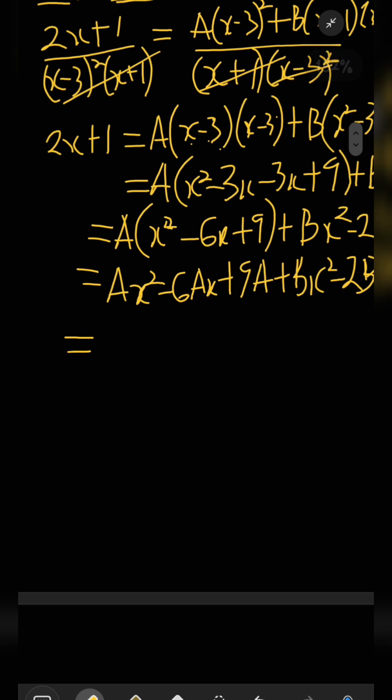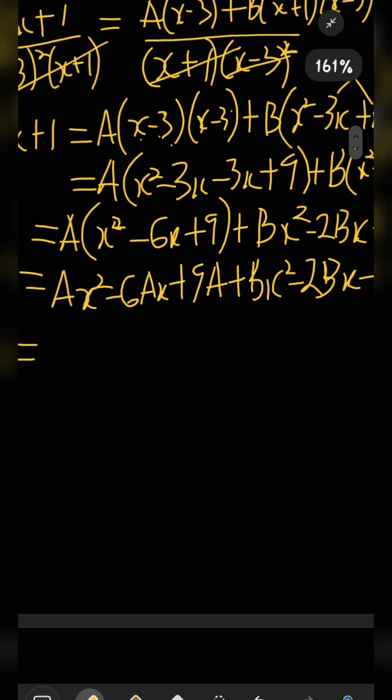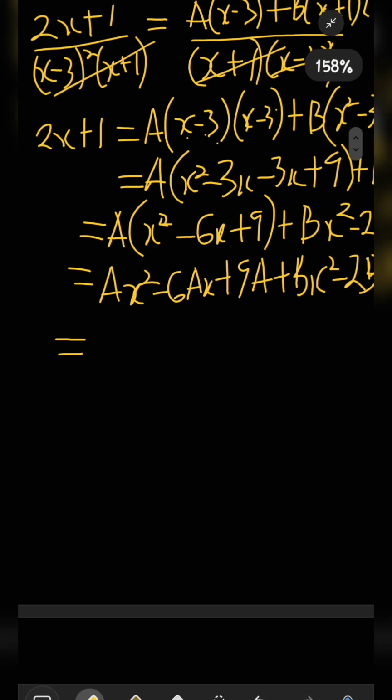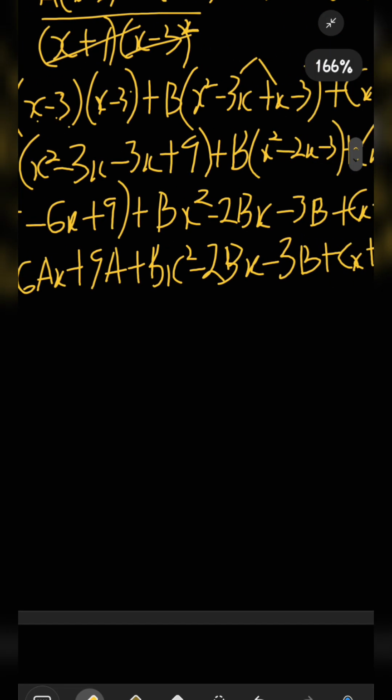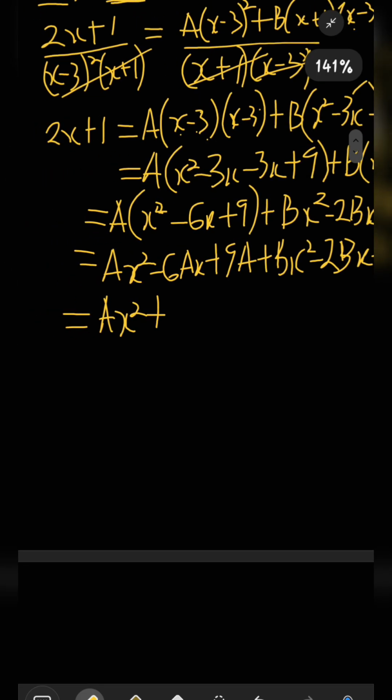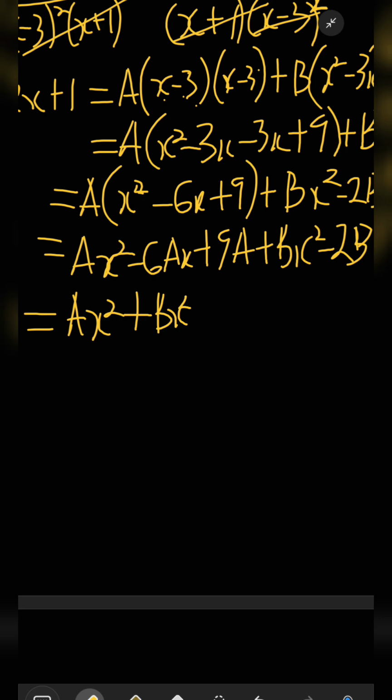Now we are going to collect like terms. We'll bring the ones that have x squared to one side, the ones that have only x to one side, and the one that does not have x to one side. So we have ax squared and bx squared, we don't have cx squared, so we have only ax squared plus bx squared.